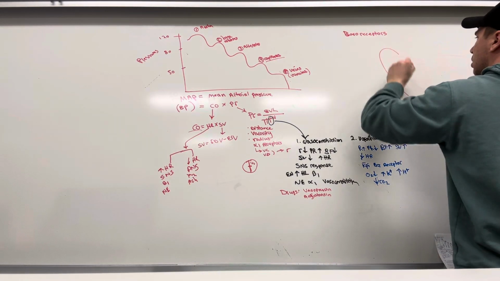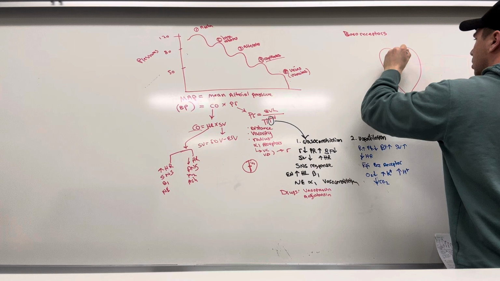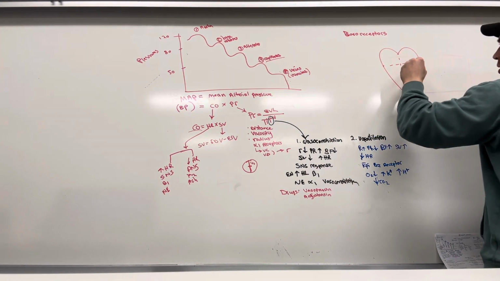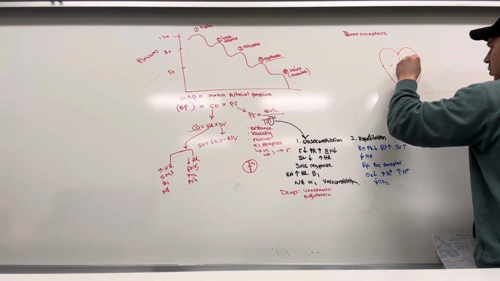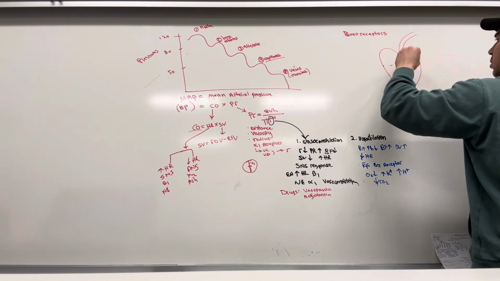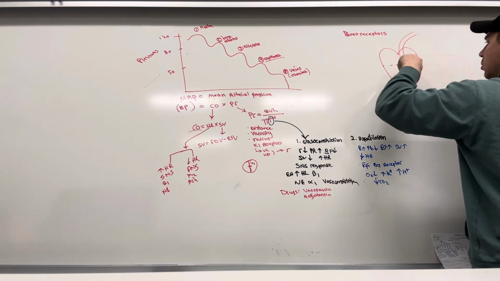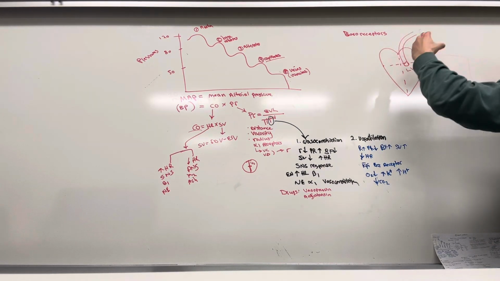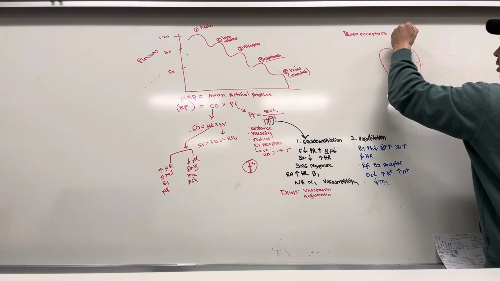So you have your heart like this. This is going to be our left ventricle, and this is where the aorta comes out of. Then we have that three-dimensional aorta here.